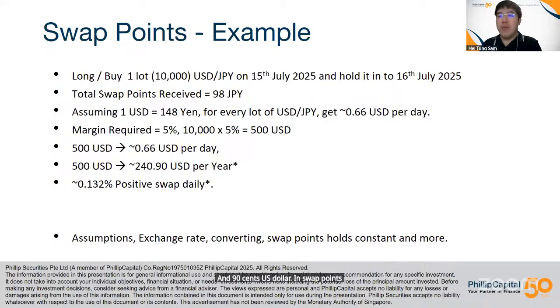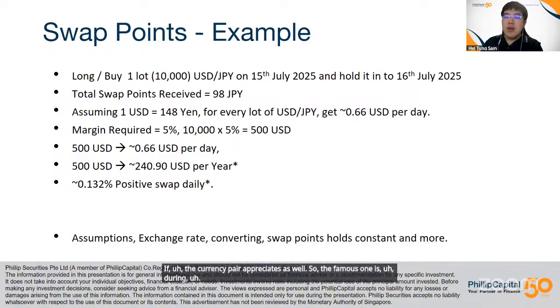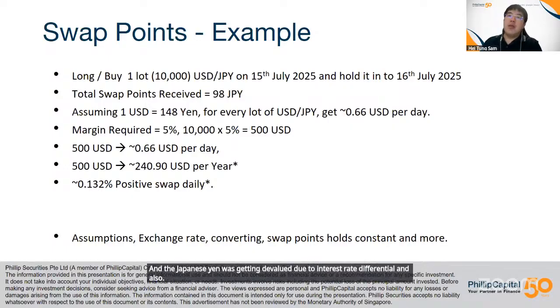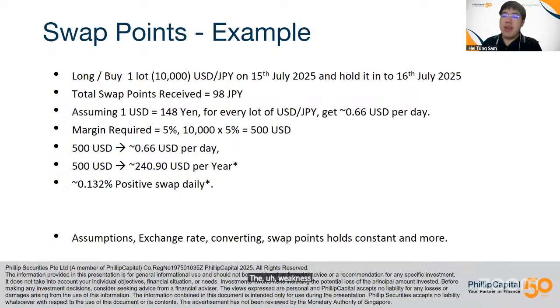You also make money if the currency pair appreciates. So the famous one is during 2023, when the Fed was increasing interest rates aggressively to combat inflation, and the Japanese yen was getting devalued due to the interest rate differential and also the weakness in Japan's economy.